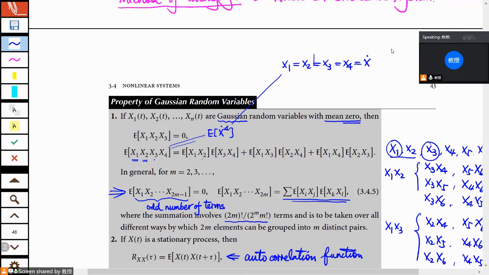Compare these two. So you would have x dot squared, x dot squared, and x dot squared, x dot squared, x dot squared, x dot squared. That gives us 3 E[x dot squared].